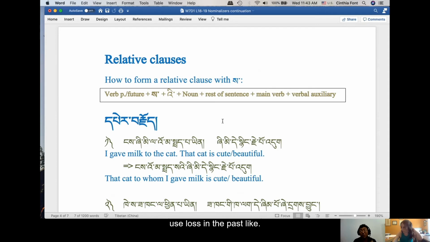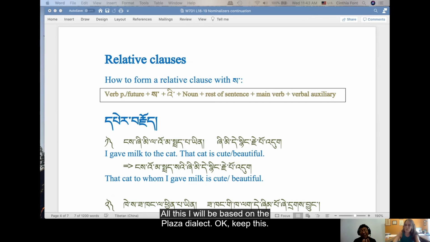And the people use lots in the past like de or pul, like pulsa. They use a past form. De also tangsa. All these we base on the Lhasa dialect. Okay, keep this. Otherwise, the real form of the verb should be present and future. Otherwise, it doesn't work.